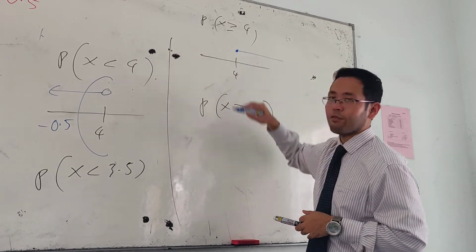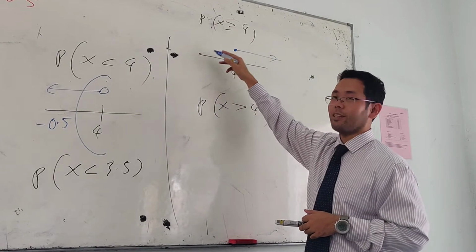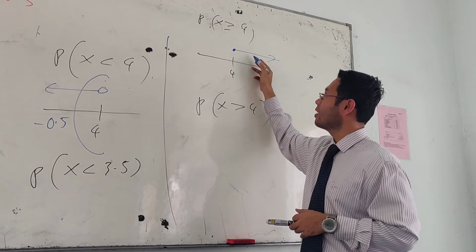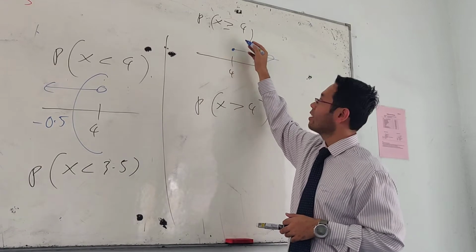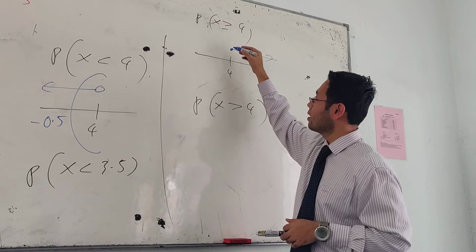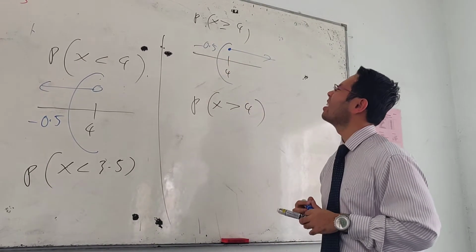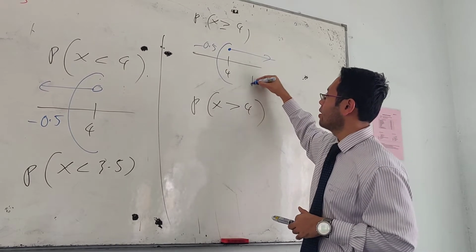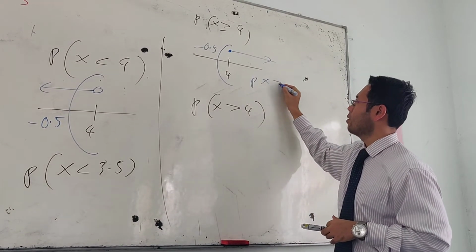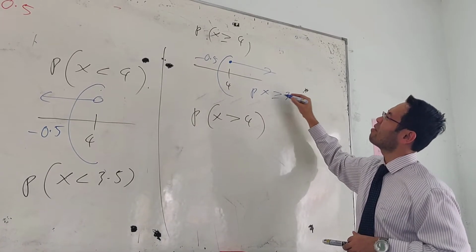I want to include the 4. Do I go left or right? I want to include the 4, right? So the bracket, the left bracket or right bracket? So I minus 0.5. So I get myself Px more or equals to 3.5.